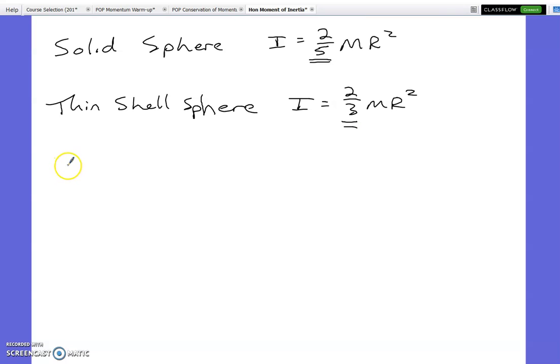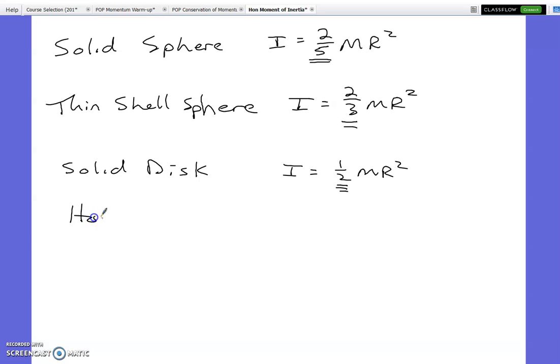If I have something that is a solid disk that is spun around the symmetry axis at the center, then the moment of inertia is going to be 1/2 the mass times the radius squared. That coefficient is 1/2.